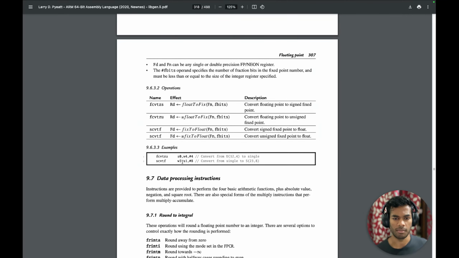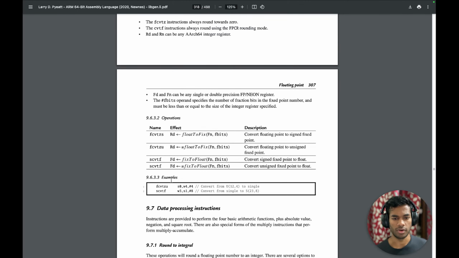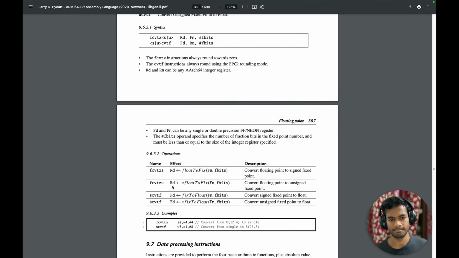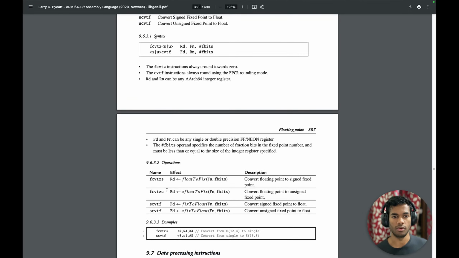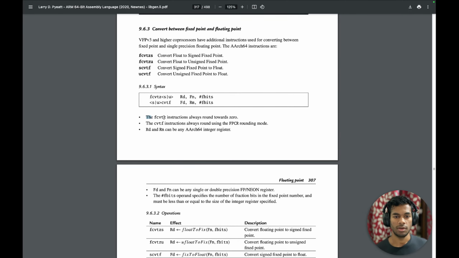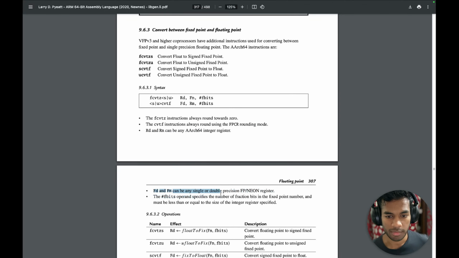What is the example? Yep, there is no FD, there is just general purpose registers which are used to store fixed point numbers. Data processing instructions. Yep, and then the convert instruction rounding off, and this also. FD and FN can be any single or double precision floating point registers.